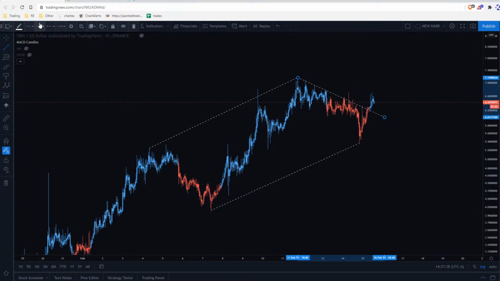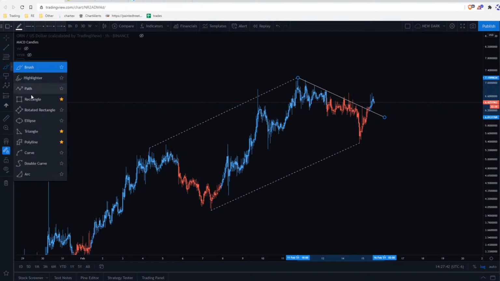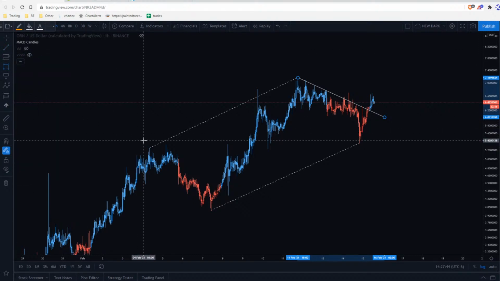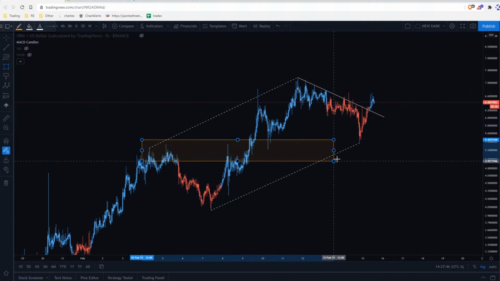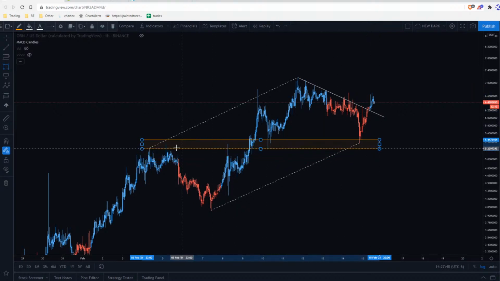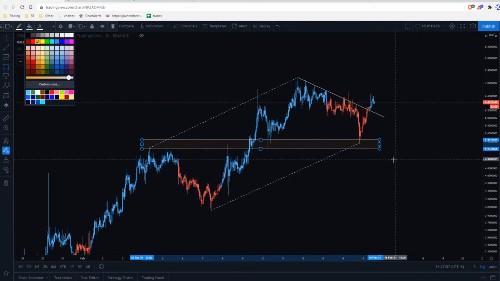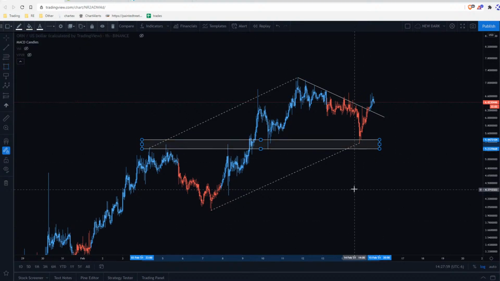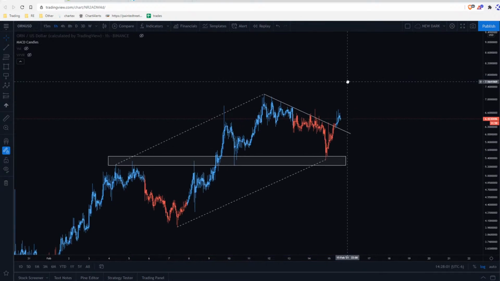Broke the downtrend. Just barely missed a retest of the high here, right? Pretty dang close. But this for me is a support resistance flip, and it should be headed up pretty massively.